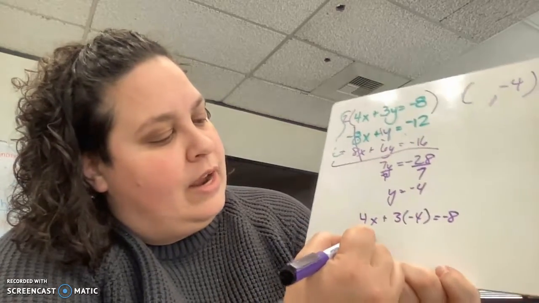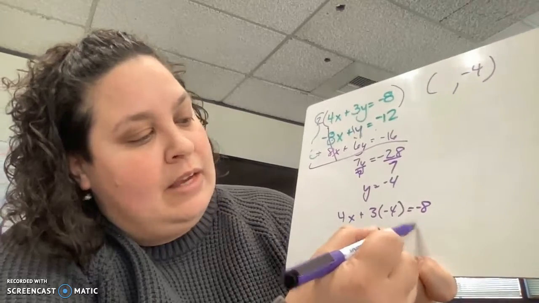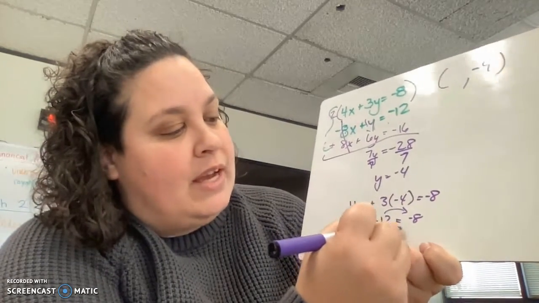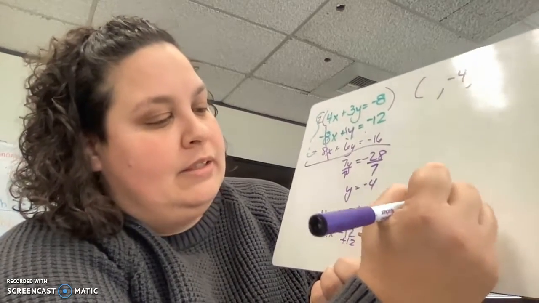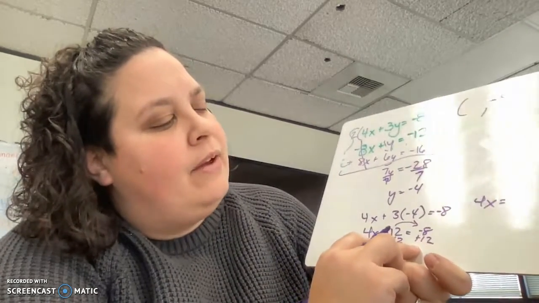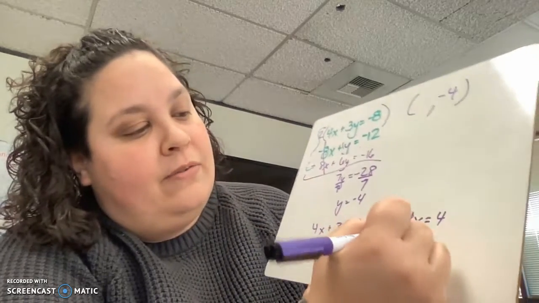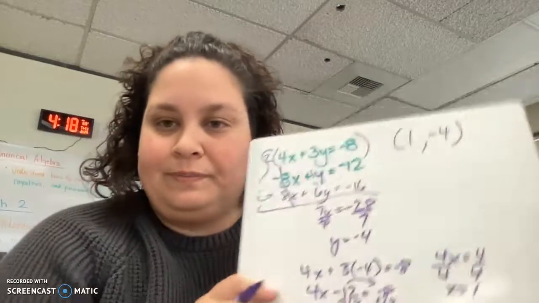So I have 4x minus 12 equals negative 8. I'm going to add my 12 to both sides to get rid of it. So I get 4x equals negative 8 plus 12 would be a 4. And then divide by 4, x equals 1.